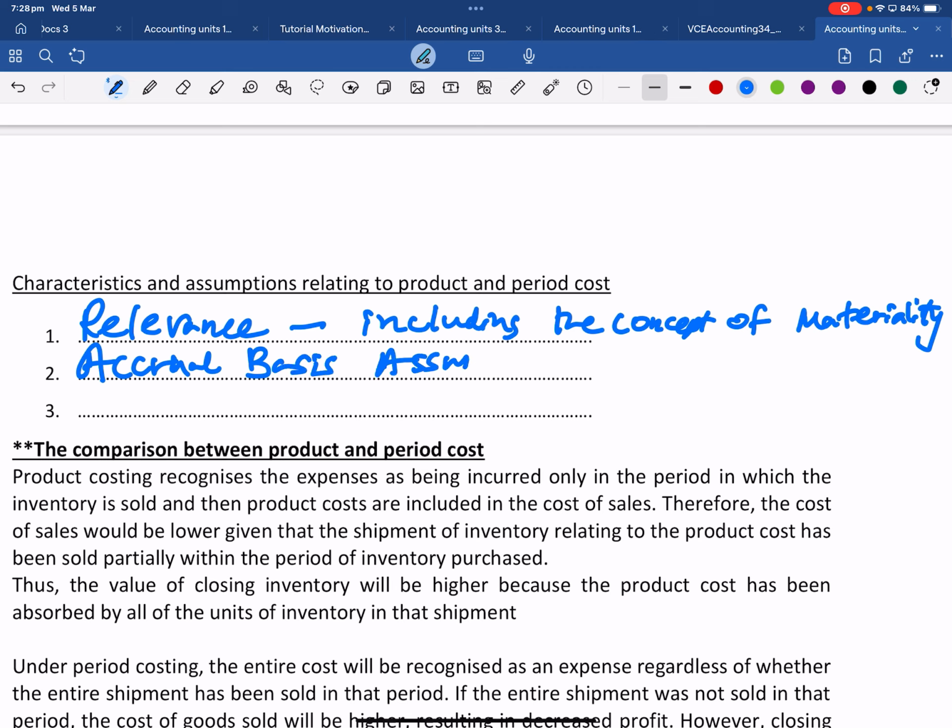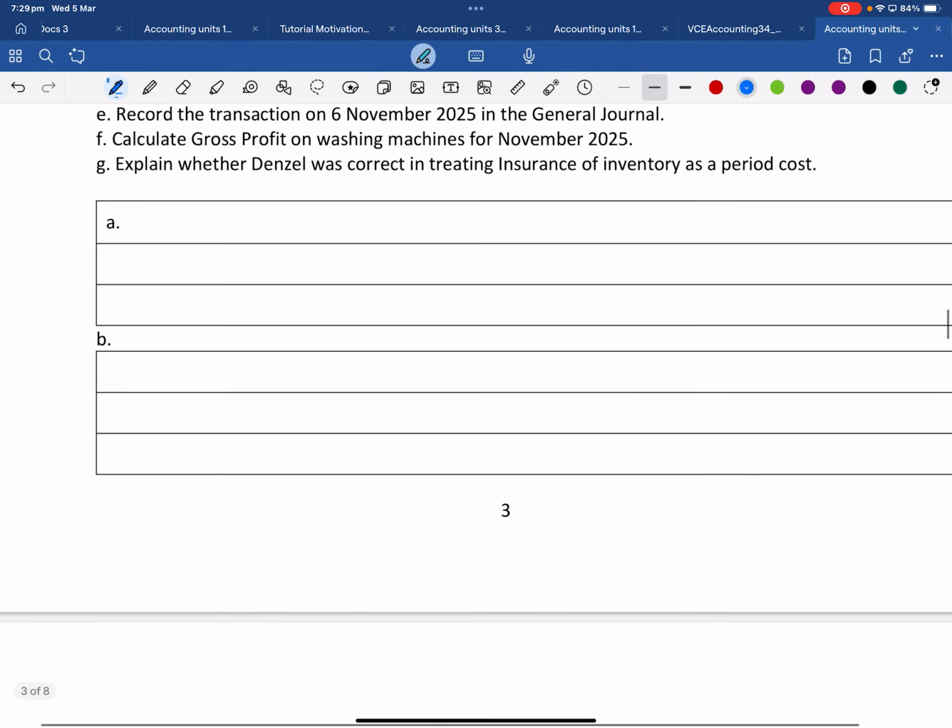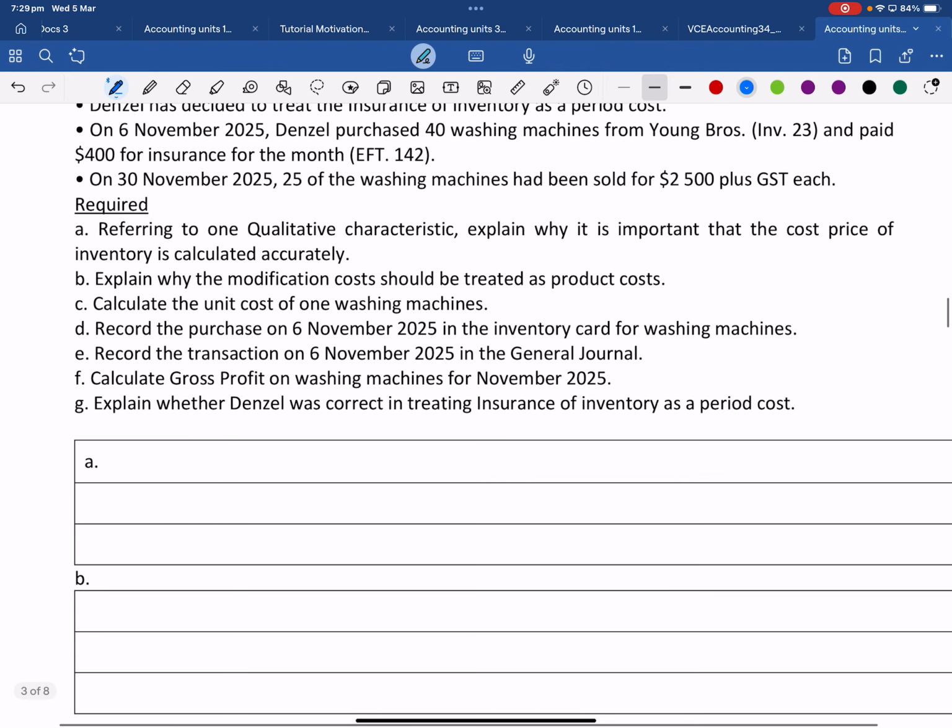Assumption. Next one, period. Assumption. Right. Shall we write the answer for part A? Please write there.